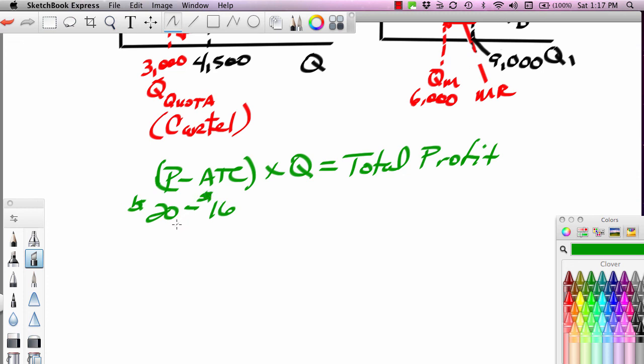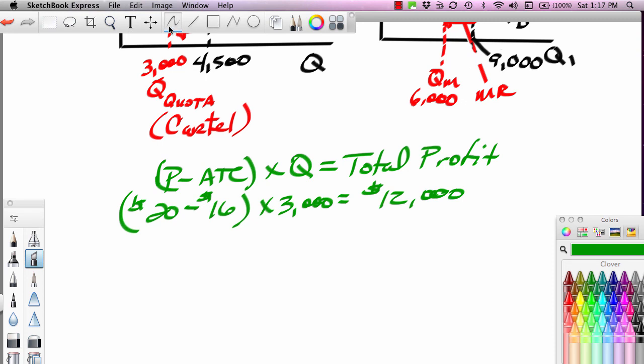They're no longer operating at the minimum point of the ATC curve, but no matter. They've moved into a profit position. This actually equals $12,000. So by restricting their output, jacking their price up, the two firms have moved into a profit position.